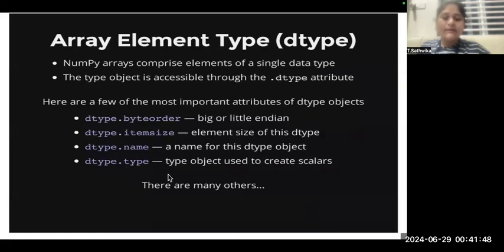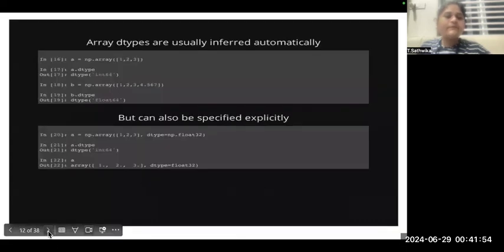And dtype.type is a type object used to create scalars, and there are many others. Now, the array dtypes are usually inferred automatically and can also be specified explicitly.